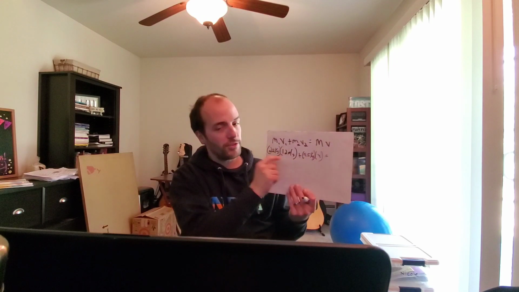All right, m1, 22 kilograms, times v1, we're going to set to the right as positive again, 12 meters per second, plus 9.5 kilograms times an unknown v, equals, well, our mass here is going to be the combined mass of the two objects.